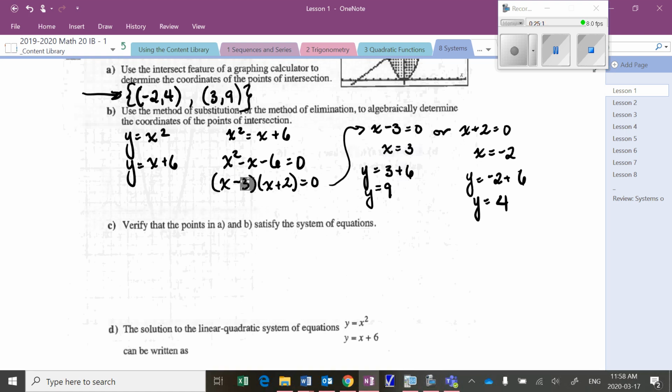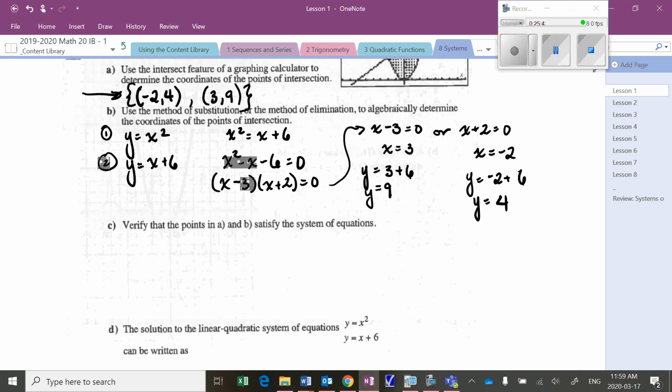So if we're verifying our points, that we want to satisfy the system, some people argue, and I agree, that if you've already found your y value using that second equation, y equals x plus 6, then what's the sense in checking it in that one? And I totally get that. If you haven't used the original to find the other values, then you should definitely verify using both original equations.